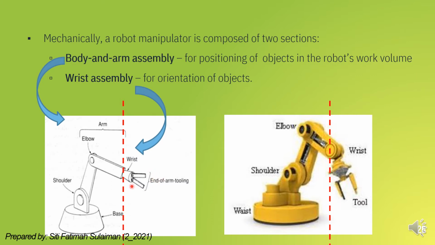So this part is called the wrist assembly, and the first part is called the body and arm assembly. The same goes for the second picture. From waist to wrist, this is the first section, and from wrist to tool is the second section.